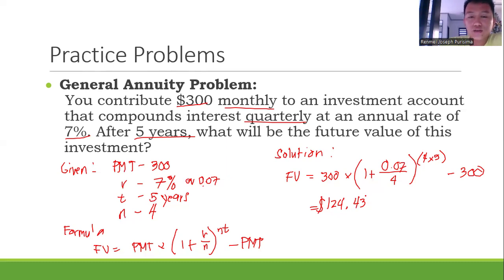Actually, it is 424.43. In this case, that is the interest. The total amount would be $424.43. So in this case, we are just solving for the interest. So that is the future value.